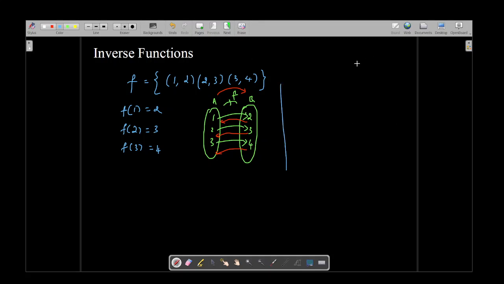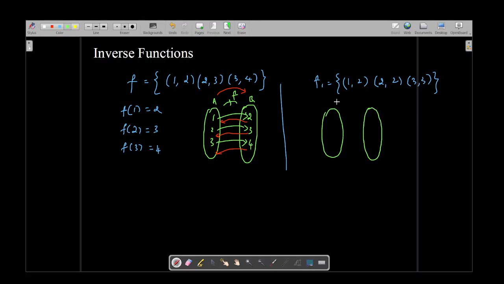Let's take one example. If I have f1 equals {(1, 2), (2, 2), (3, 3)}, and I draw the graph like this, the first set is 1, 2, 3, and we have 2 and 3.